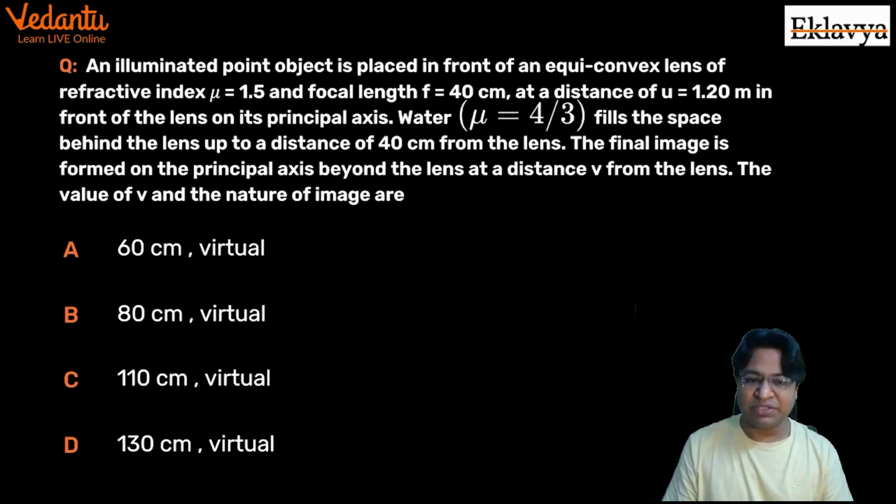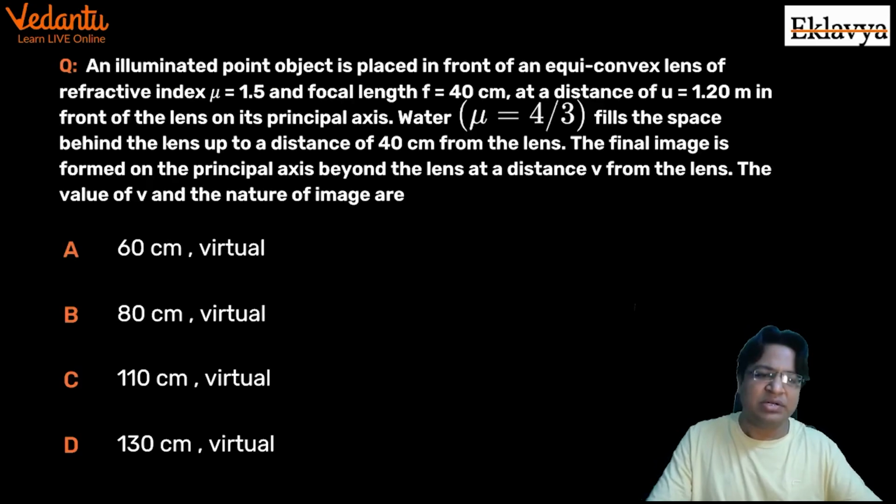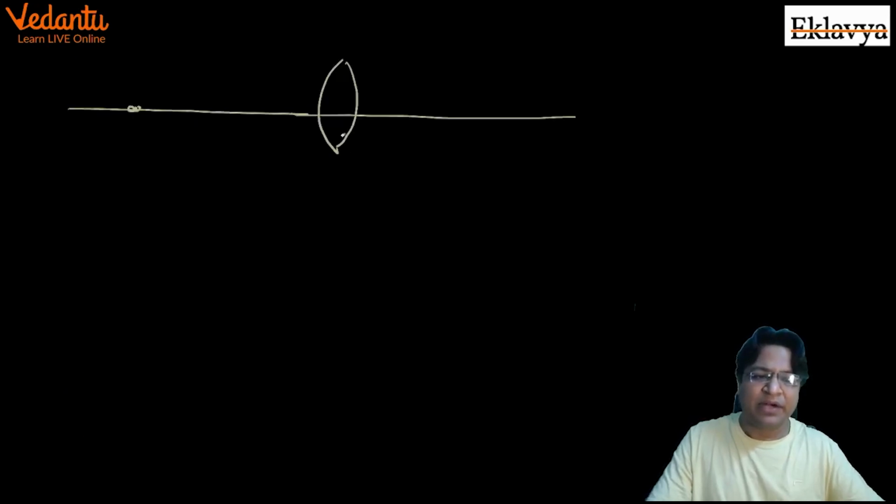Illuminated point object is placed in front of an equiconvex lens of refractive index. And distance. Okay. So we'll first draw the situation. It says that there is an equiconvex lens of refractive index, so an equiconvex lens is there, and here let's say the refractive index is given to us as 1.5.